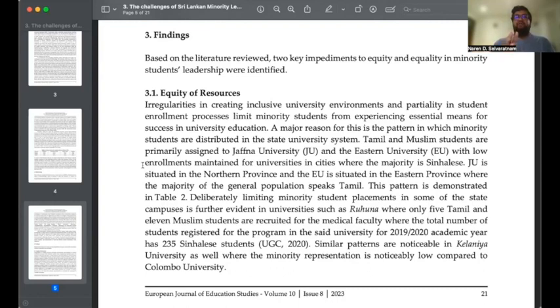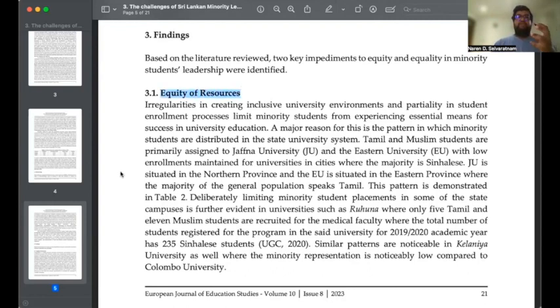Now, in our original draft that we wrote, under these findings, we listed about 5 findings. But then after a few amendments, we pretty much concatenated it to 2 major findings. So one of our first findings was equity of resources.